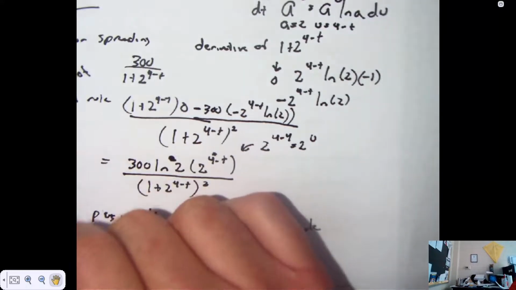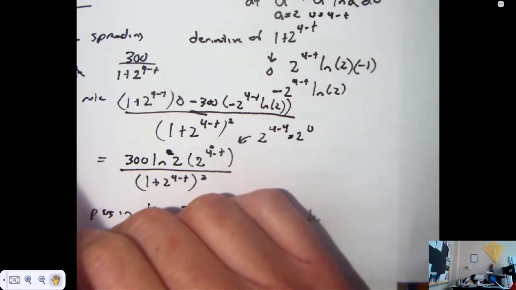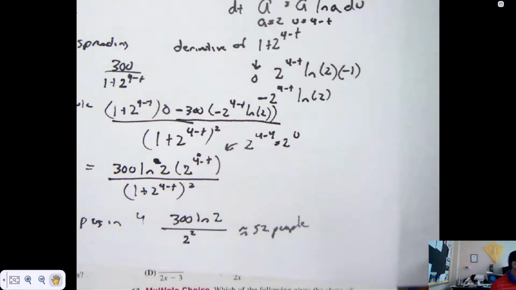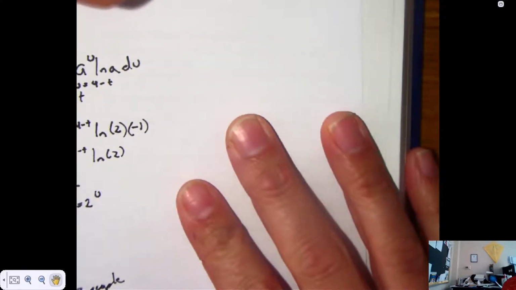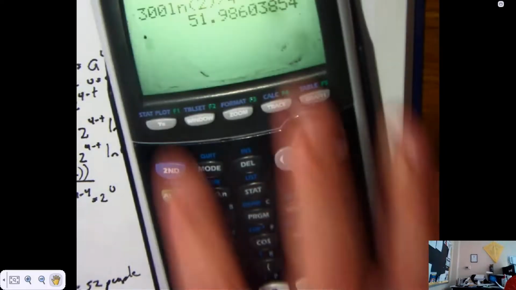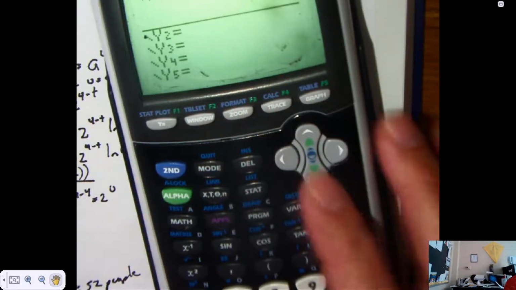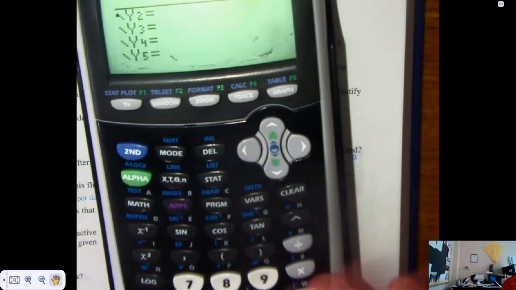Now, what's part C? When will the rumor spread at its maximum rate? I'm going to look at the original function.